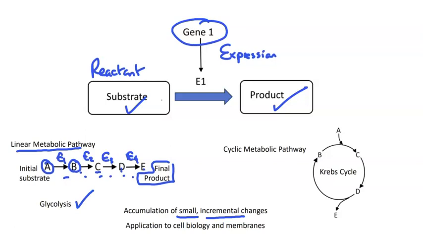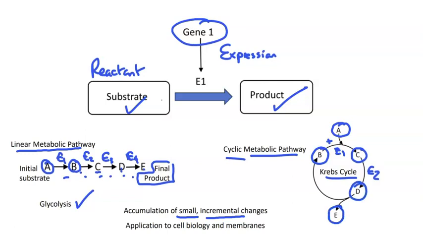Alternatively, we will come across cyclic metabolic pathways, an example of which would be the Krebs cycle, another would be the Calvin cycle. Here, a molecule A enters the cycle and changes to be accepted by molecule B. They will combine under enzyme action to form molecule C. In turn, C will be transformed into D, and a product E will be formed in the next step.